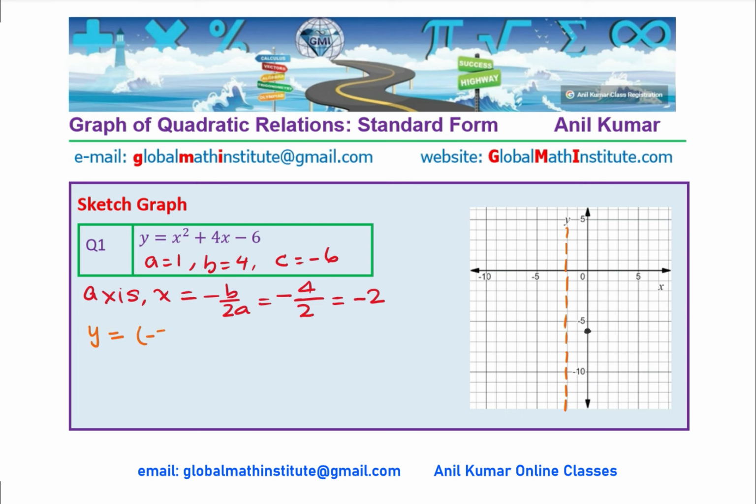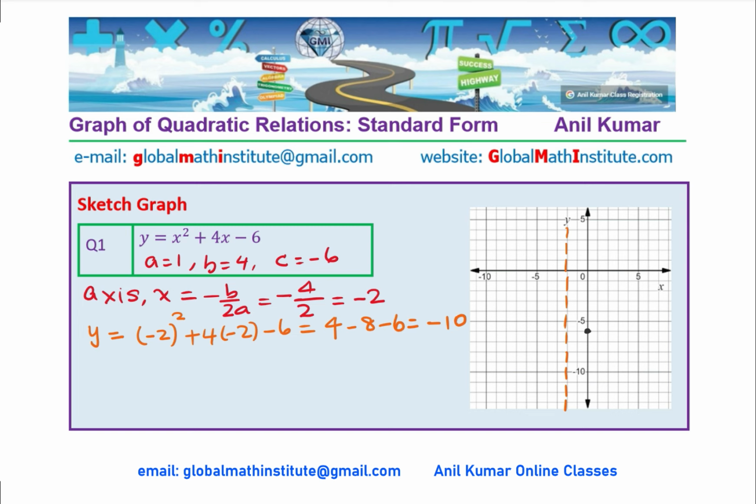So minus 2 squared plus 4 times minus 2 minus 6 gives us what? Minus 2 squared is 4. 4 times minus 2 is minus 8, and then minus 6. So that gives us the value of 4 minus 8 is minus 4, and minus 4 minus 6 will give us minus 10.